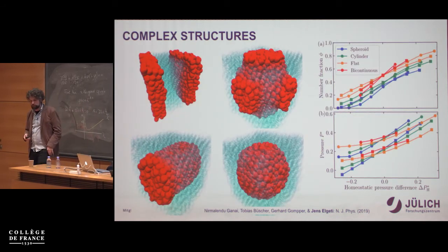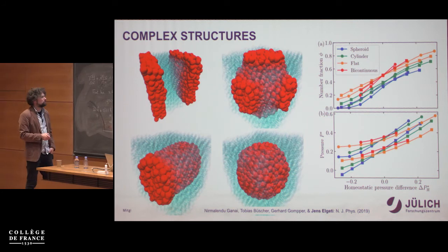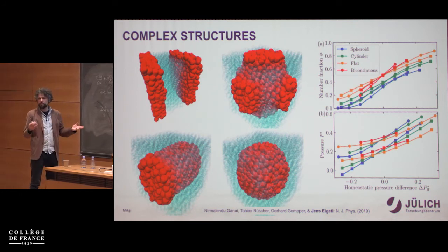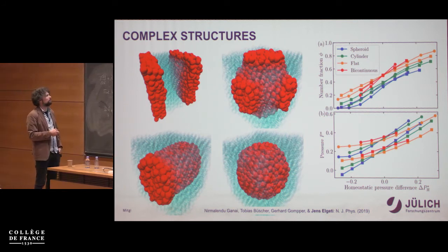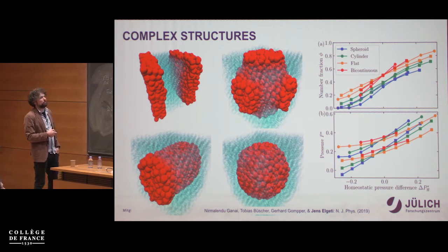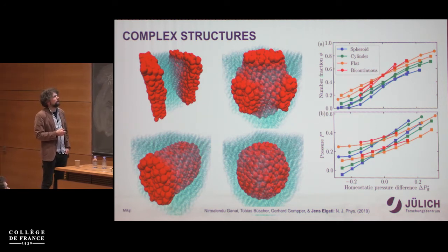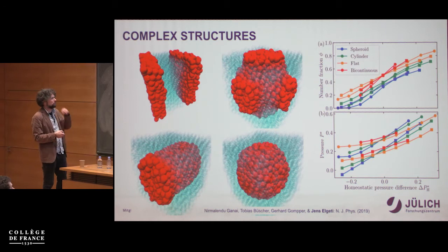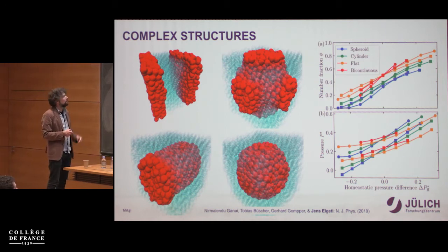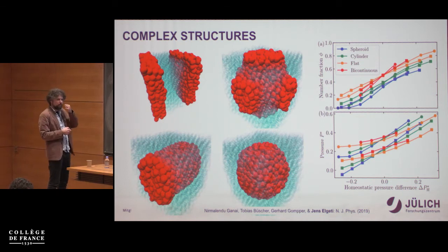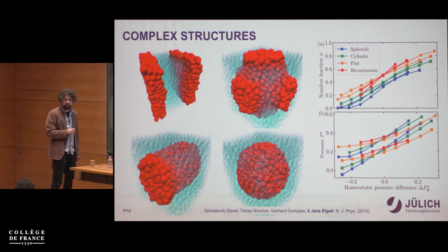If you look at more complex structures, unfortunately, the simple linear theory fails to explain it quantitatively, but you can still, of course, use the numerics to determine number fraction and pressure as a function of homeostatic pressure difference. Those are the basic structures you get: a slab-like lamella phase, a cylindrical phase, spheroid inclusions, and this bicontinuous phase.